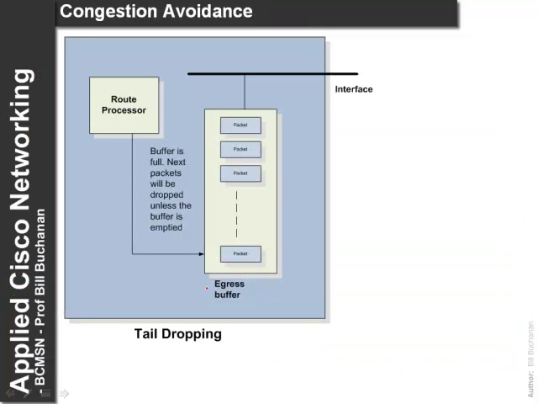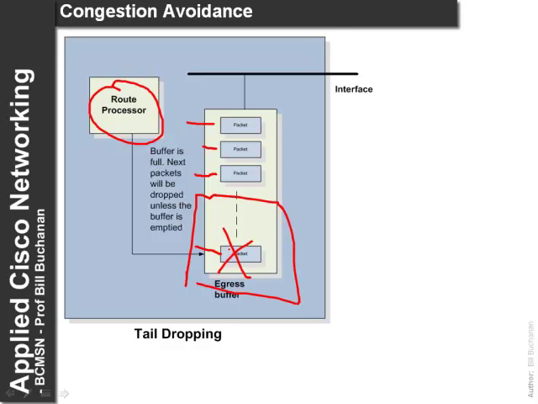The devices try to cope with congestion as much as possible. For this we have a root processor, and the root processor will continually fill the buffer, either the ingress or the egress buffer, and tail drop will watch to see when the buffer becomes full, and then try to drop the tail to relieve the buffer so that it can handle incoming data packets.